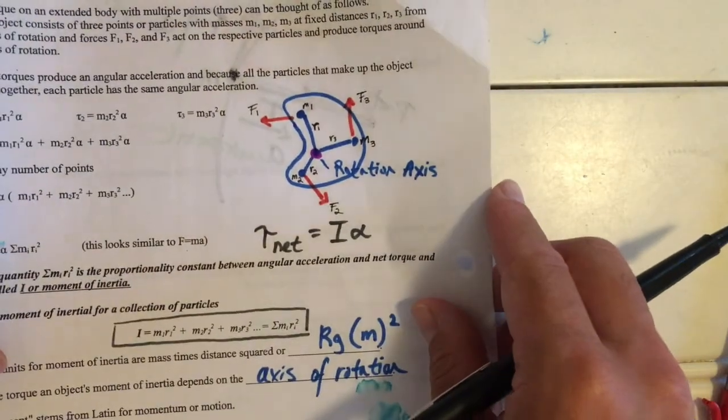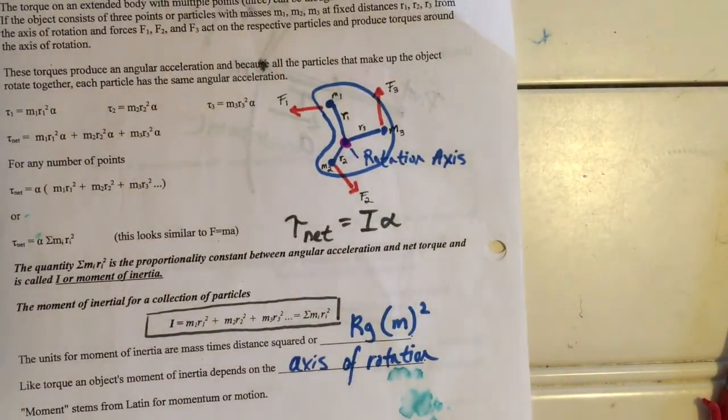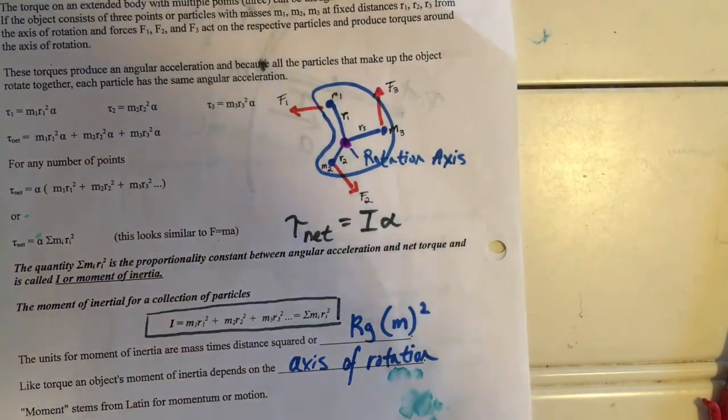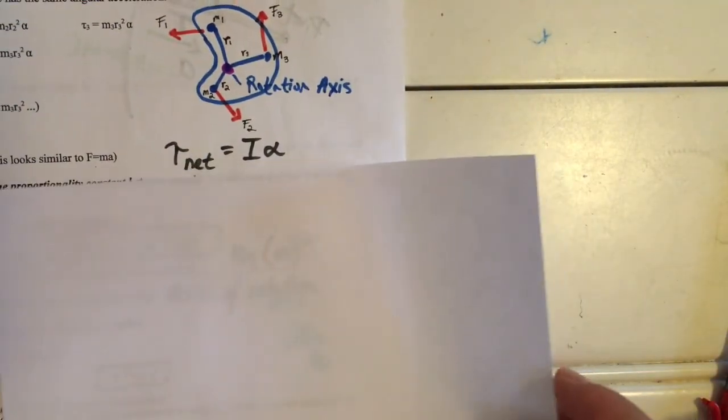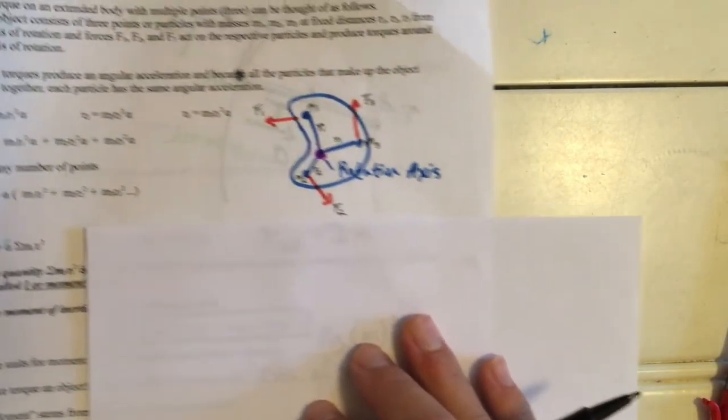Okay, let's go ahead and flip this page over. You should have this already drawn in on your note guide, and if you don't, you can pause the video and draw this in.